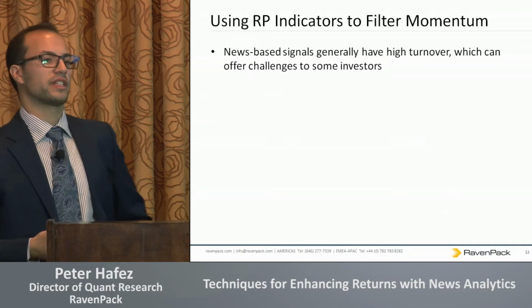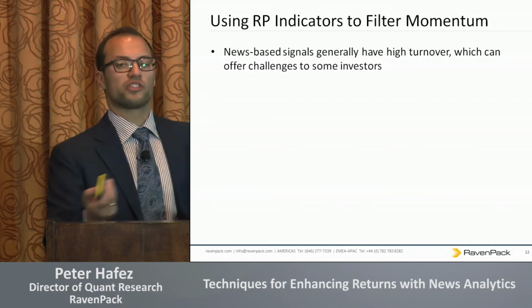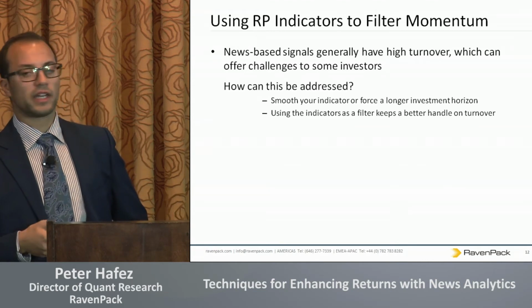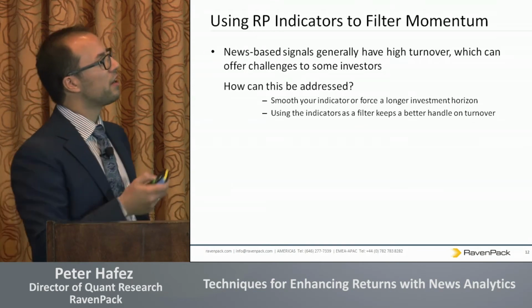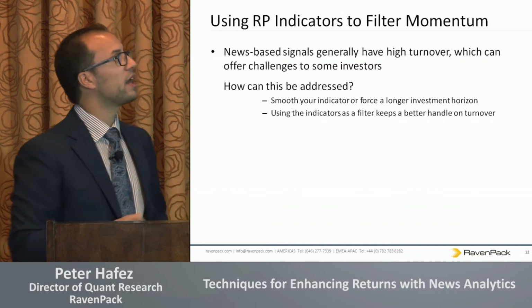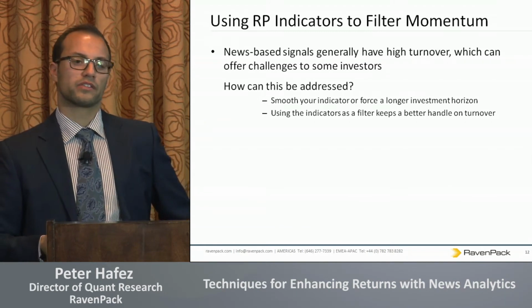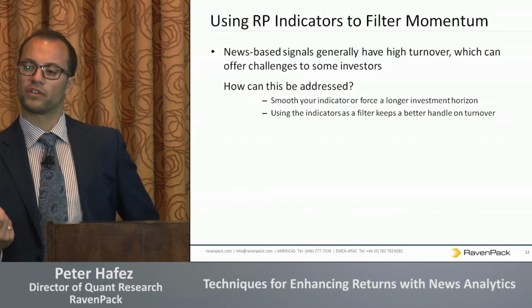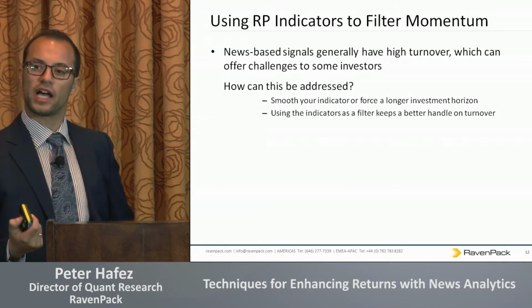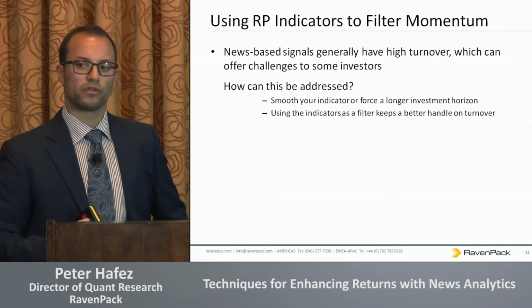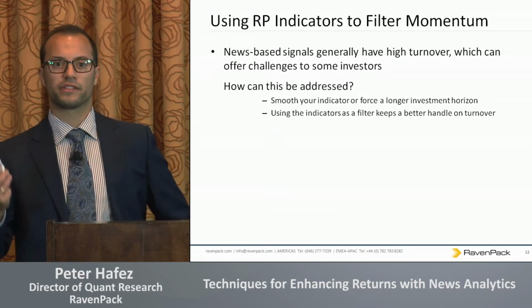And we did show one example of how you could address that by just increasing the investment horizon or smoothing your indicator further. But another way of doing it is also to potentially apply it as an overlay to existing factors. Such that you keep a better handle of the turnover, because it's the factor itself that will drive the turnover statistics of your enhanced indicator.